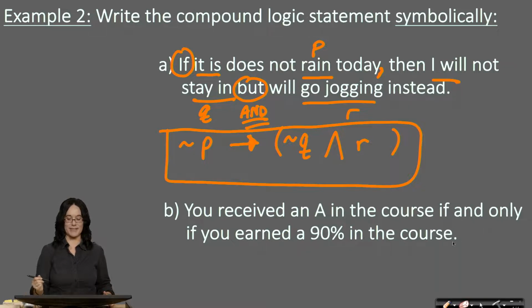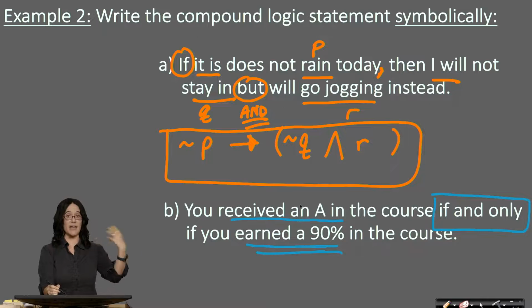Okay, so for B here it says, you received an A in the course if and only if you earned a 90 in the course. So you received an A, that's one idea. You earned a 90 in the course, that's another idea. And then we have the connective if and only if. So if receiving an A at the end of the semester, we call that statement P, and earning a 90 throughout the course, we call that statement Q, how would I have written this symbolically?